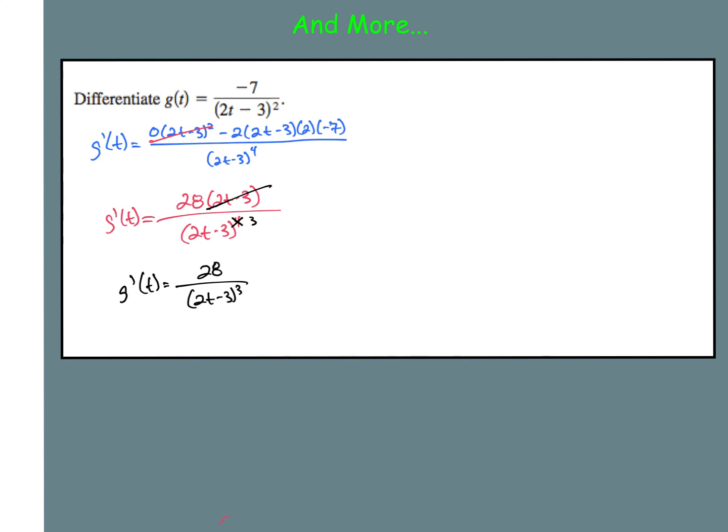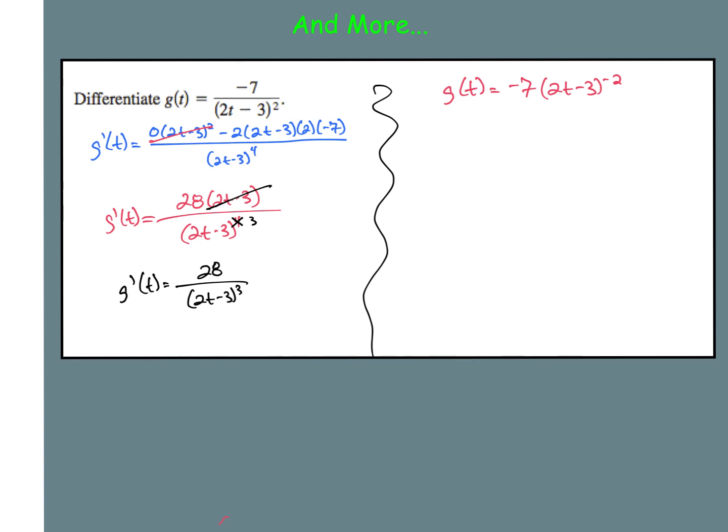All right, now I want to go a shorter method. Okay. How did something get to the basement? It was a negative power. So I want to say g of t is equal to negative 7 times 2t minus 3 to the negative second. All right? And because I had a constant in my numerator, this is a very quick way to Tampa.